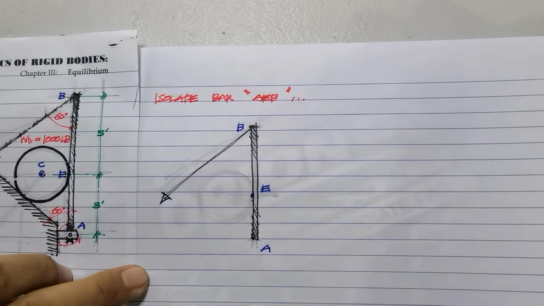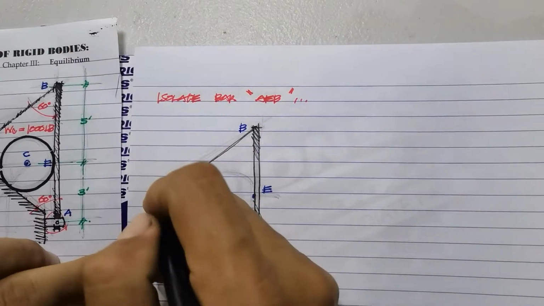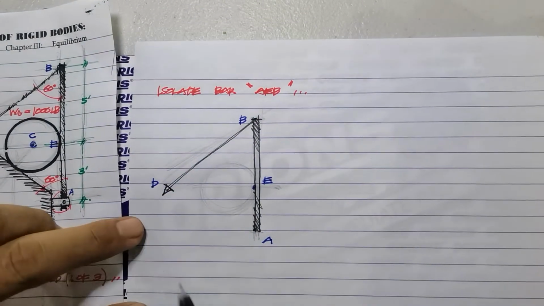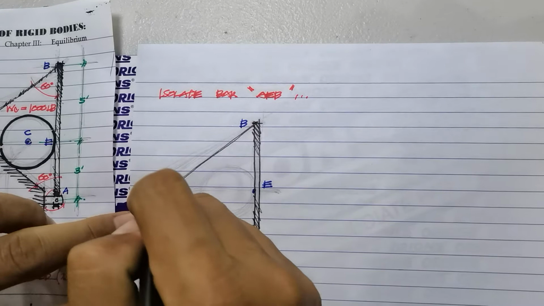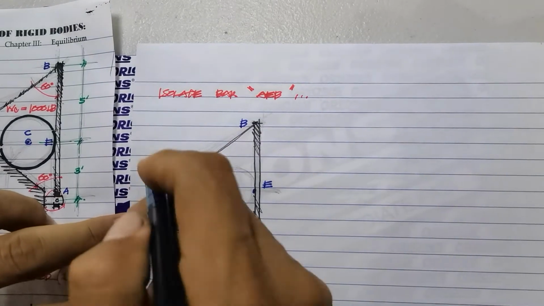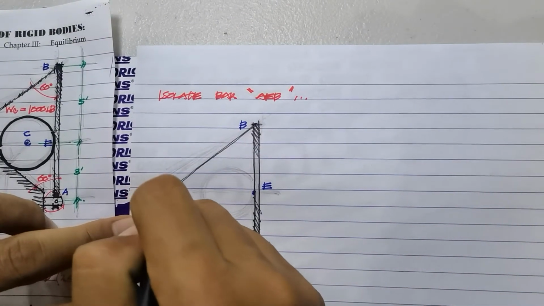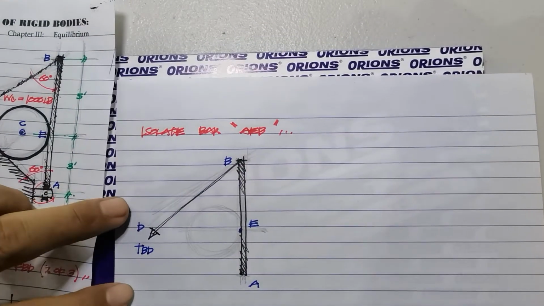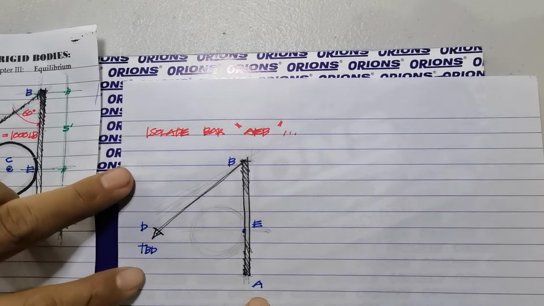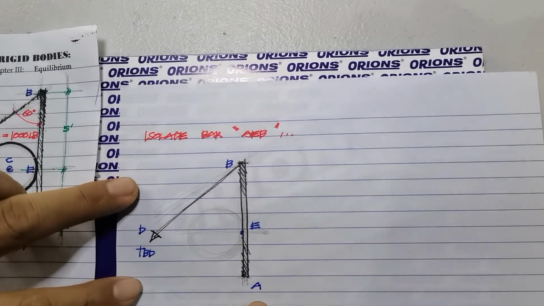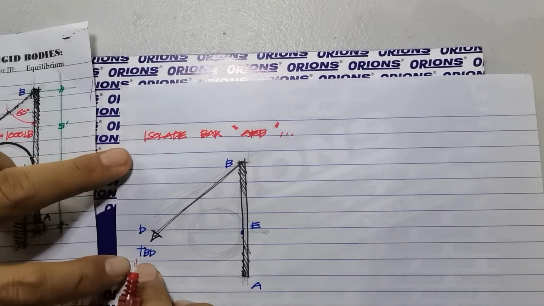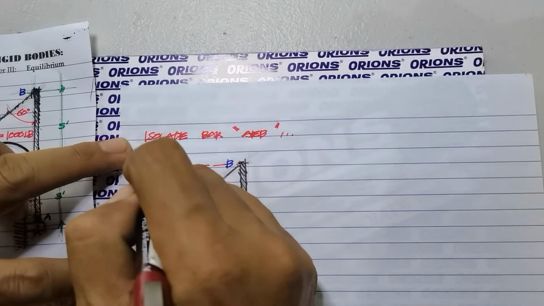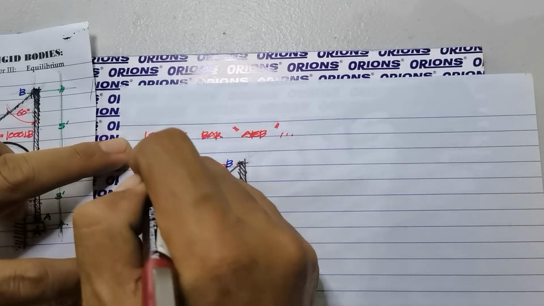Ayan. So since ito naman is location at T, lilabel natin to as TBD. So once again, sinabi ko sa inyo, for as long as meron kayong makikita ditong vector or force, in this case, tension yung force natin dito, na inclined, i-breakdown natin siya sa kanyang x and y components of a force.